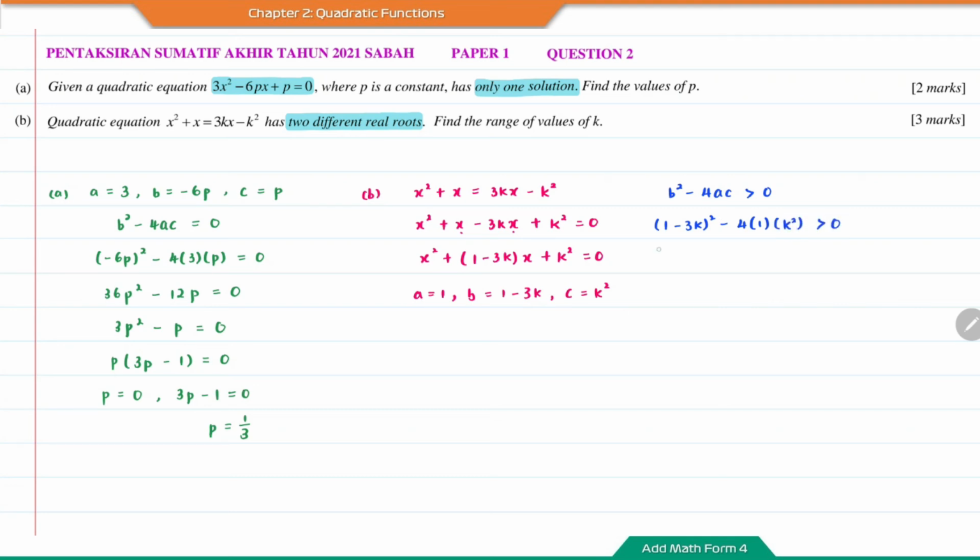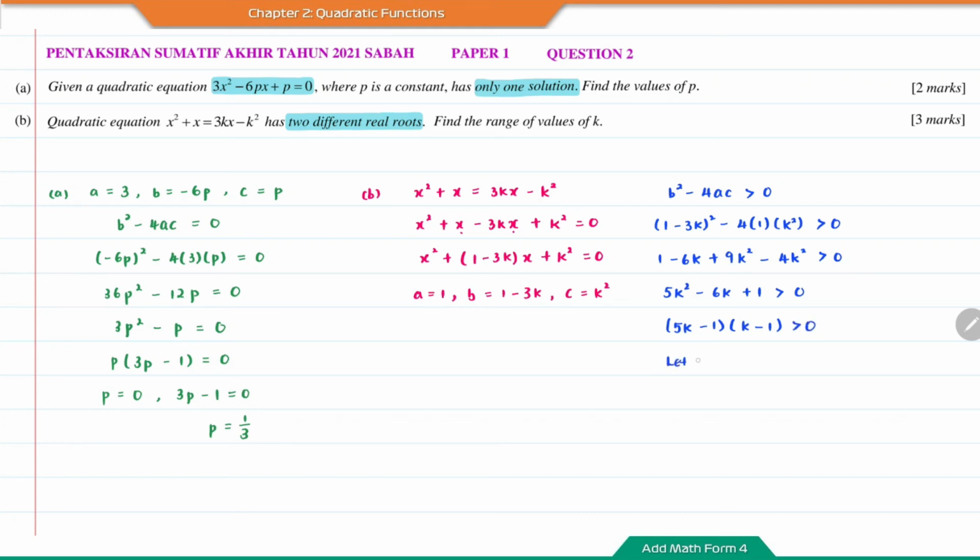Expand this: you're going to get 1 minus 6k plus 3k squared, which gives positive 9k squared, minus 4k squared greater than 0. For the like terms, 9k squared minus 4k squared, here you're going to have 5k squared minus 6k plus 1 greater than 0. From here, I'm going to factorize it. The first bracket is 5k minus 1, and the second bracket is k minus 1.